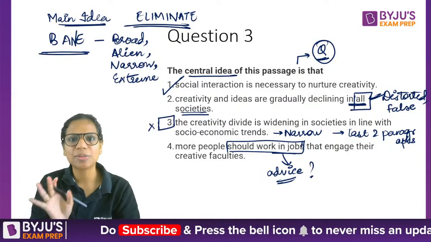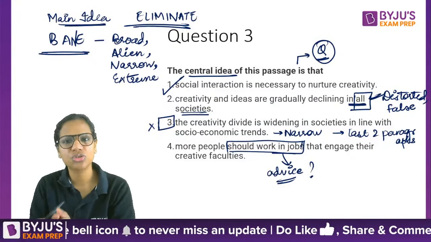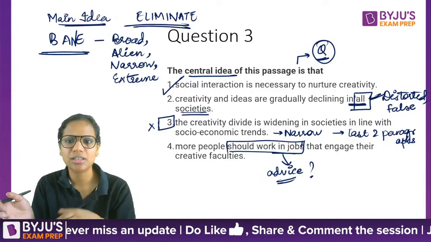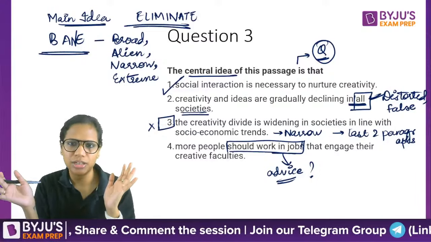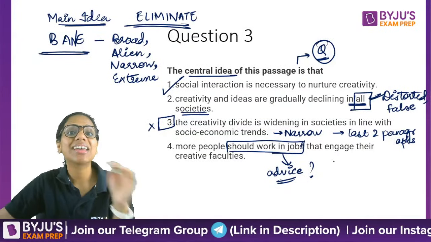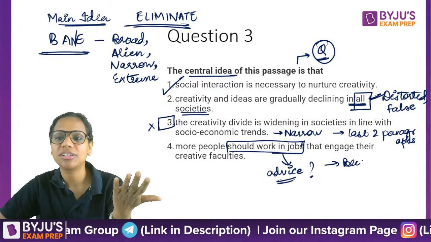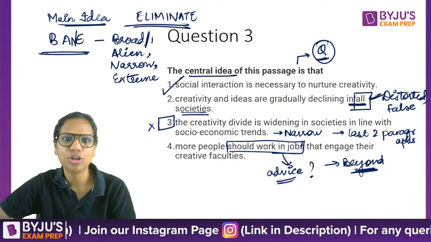The author has just described the present situation, that presently 66% of our population is in jobs that do not engage their creative faculties. One third is in jobs that engage their mind, their creative faculties. So the should-type advice never came up. This is going beyond the passage. B can be for beyond also.